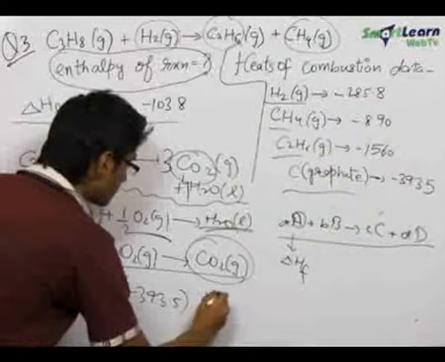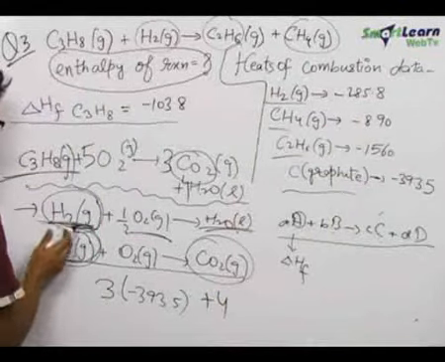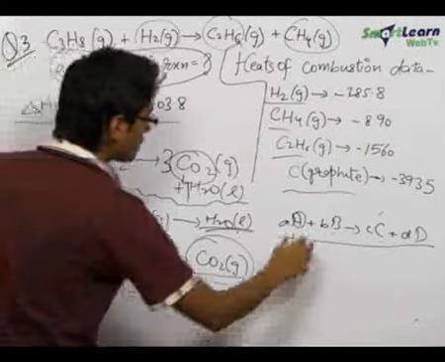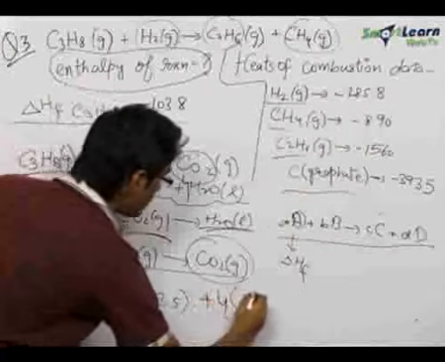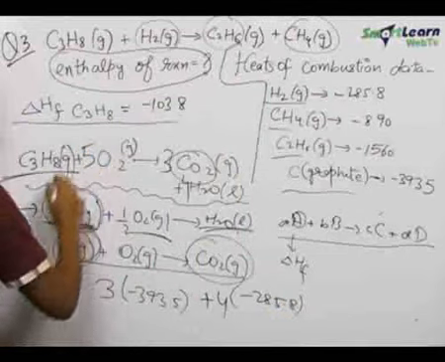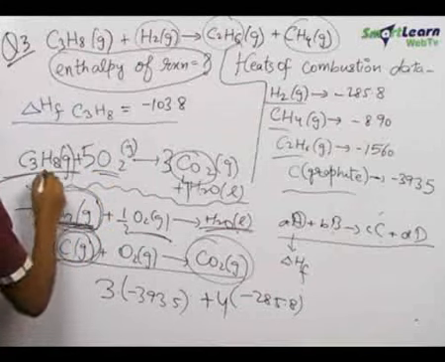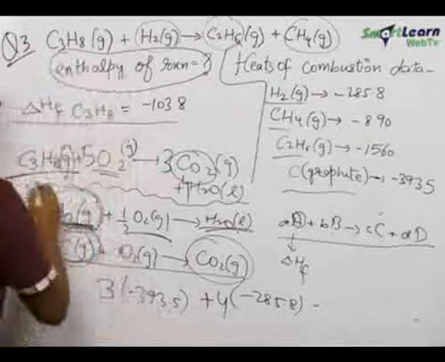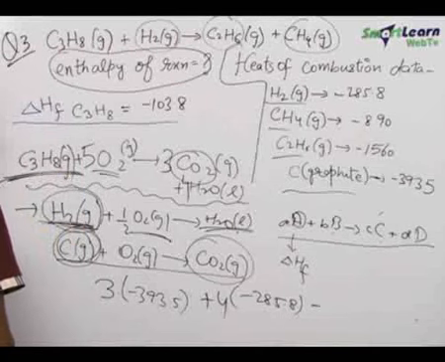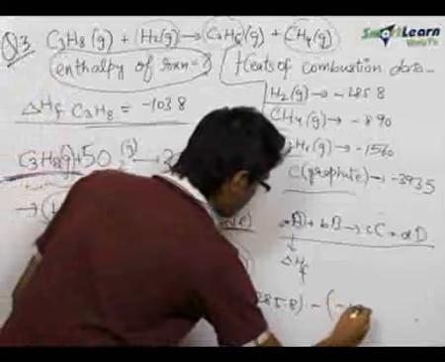So heat of formation of water is the same as heat of combustion of hydrogen. So 4 times the heat of combustion of hydrogen, which is minus 285.8, minus 5 into heat of formation of oxygen, which is equal to 0, and minus heat of formation of C3H8, which is minus 103.8 given in the problem.